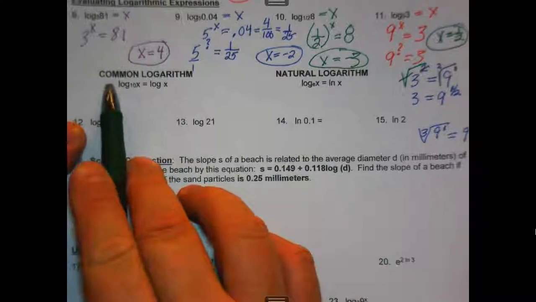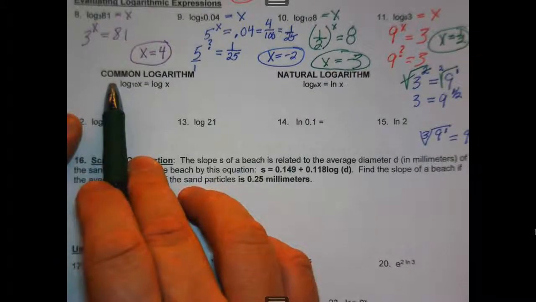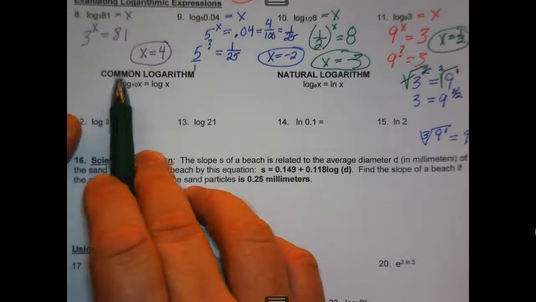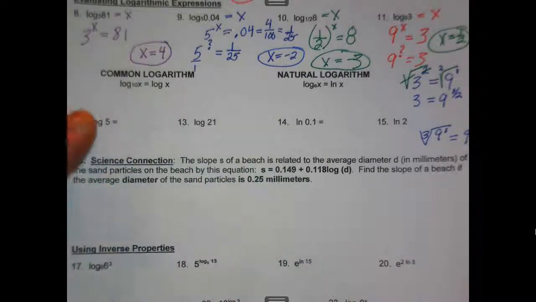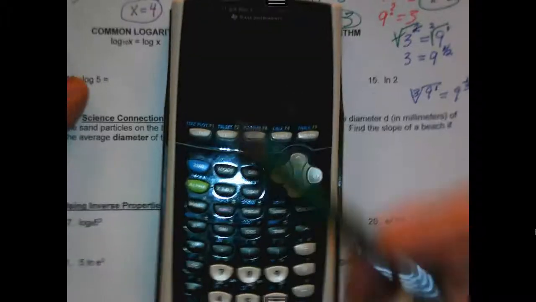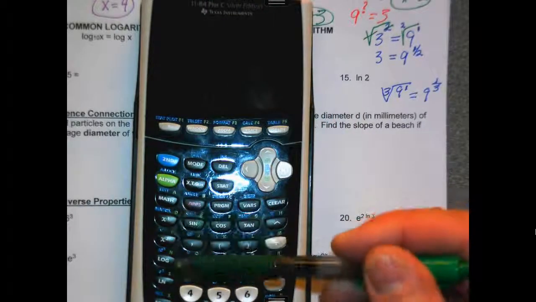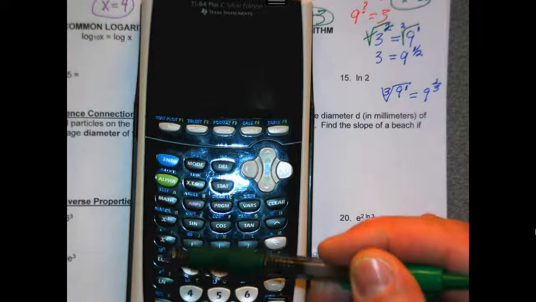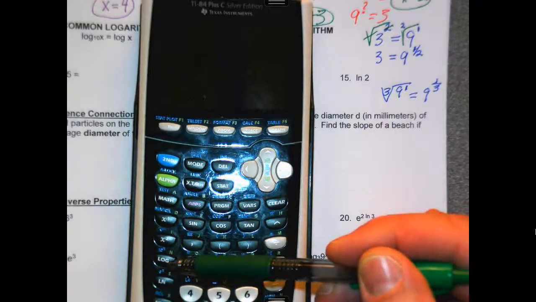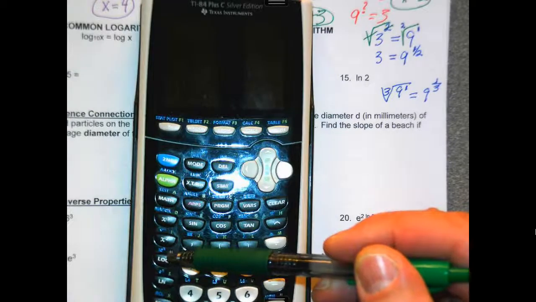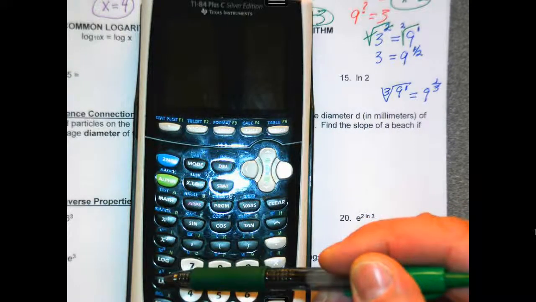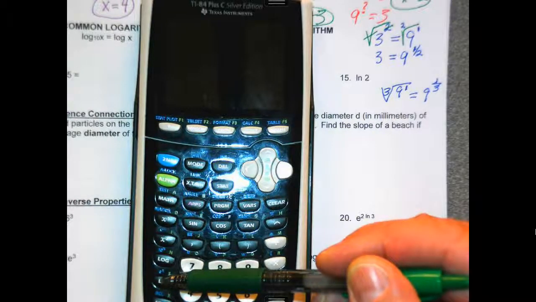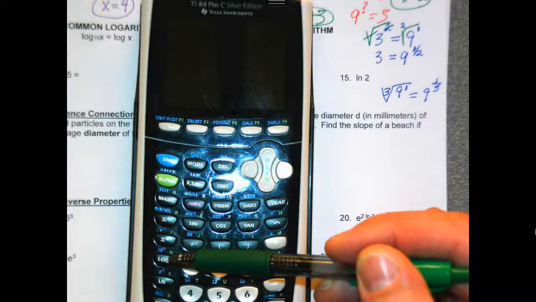But our calculators do have two log keys. One's called the common log. See how we have log here and ln here? These are my two log keys. This is called the common log, and this is called the natural log. Notice there's no base printed on here.